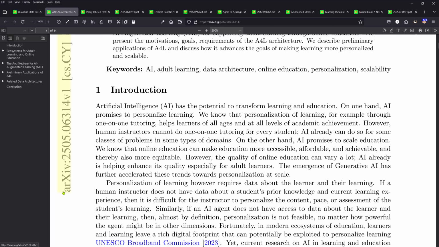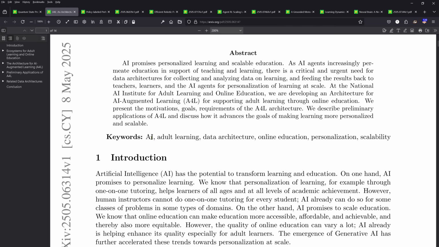Really interesting, here you have the arXiv link, and they examine exactly how we can use AI for adult learning, if you're not a student anymore, if you have continuous learning on the job, about data architecture, personalization, scalability. And they are here from the National Institute of AI Adult Learning and Online Education. And we are developing an architecture for AI augmented learning to support adult learning through online education.